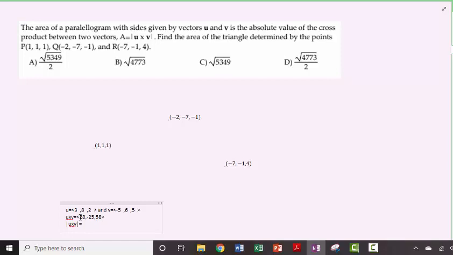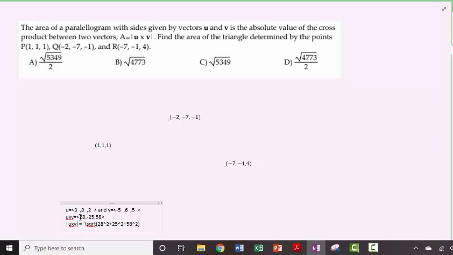That would be 28i minus 25j plus 58k. The magnitude of that, what you do to find the magnitude is you take the square root of each of those components squared. So 28 squared plus 25 squared plus 58 squared. And then you take the square root of that. That's how you take the absolute value.